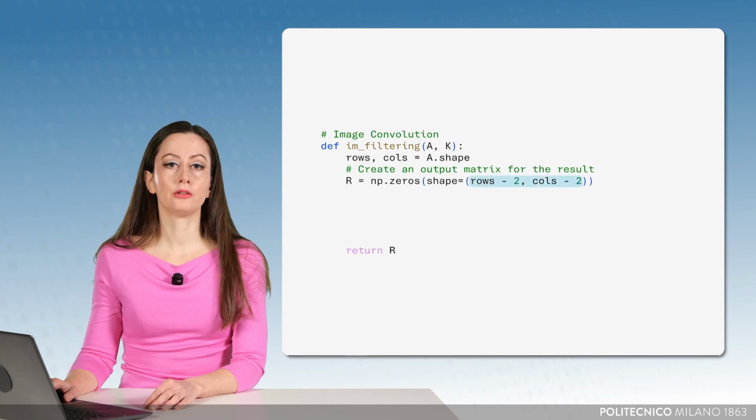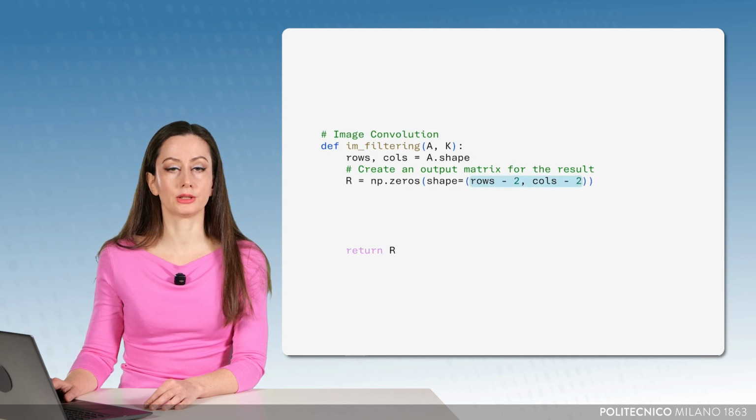In particular, if rows and cols denote the size of A, the resulting matrix will be rows minus 2 by cols minus 2, and we can initialize it as a matrix of zeros with this syntax.